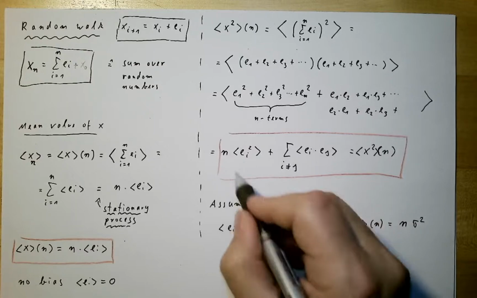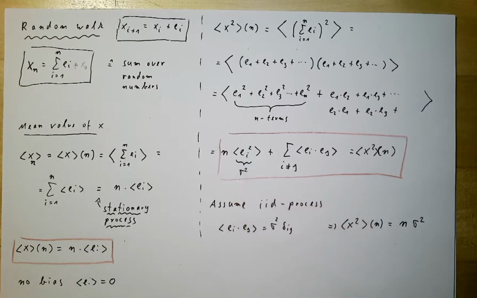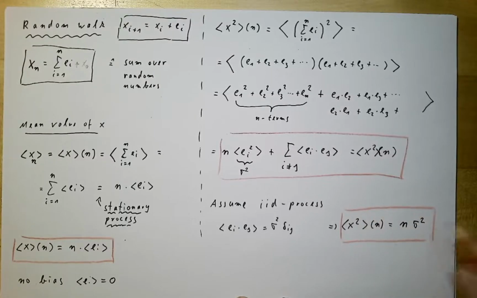We call this the variance as we had before, and then we find this fundamental property for an IID process.